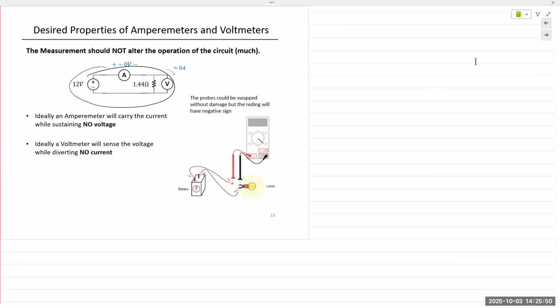The circuit is rather straightforward. You have a voltage source and you have a resistor.